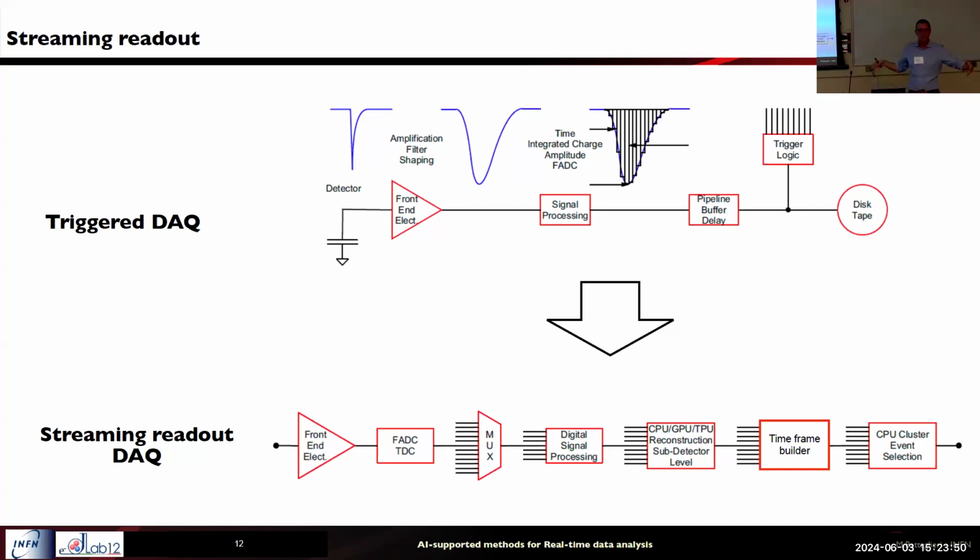When all the information from the detector is converging in a single place, it is called the time frame builder, where you finally can decide if the information you want to consider is interesting or not.